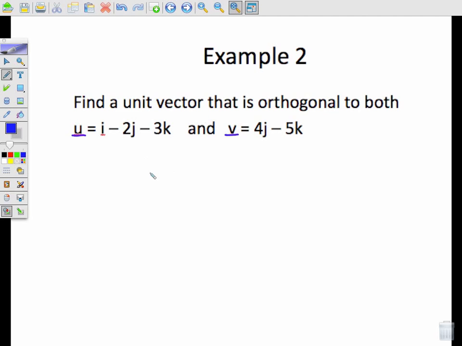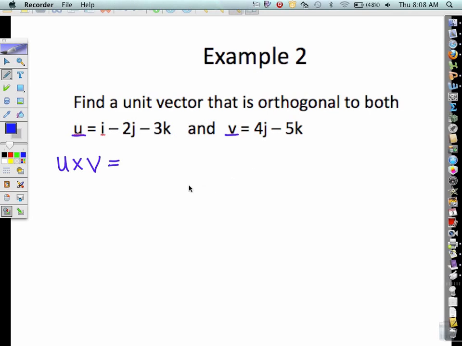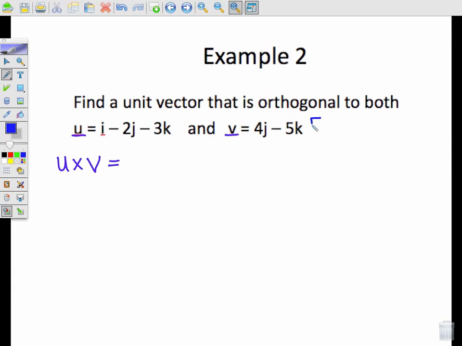Well, a unit vector orthogonal to u and v would be this. Let's find its cross product. If we find the cross product here, let's go ahead and set up the matrix.